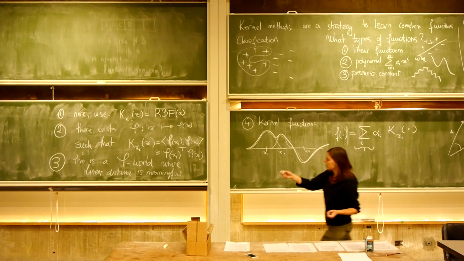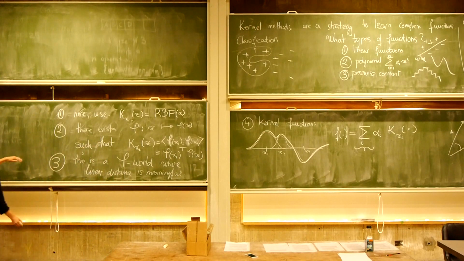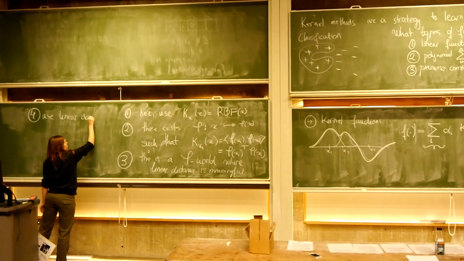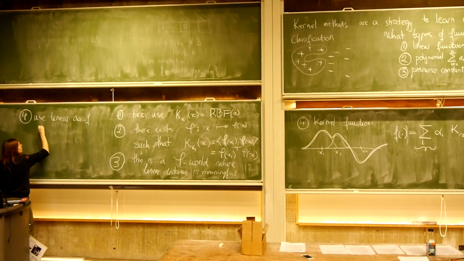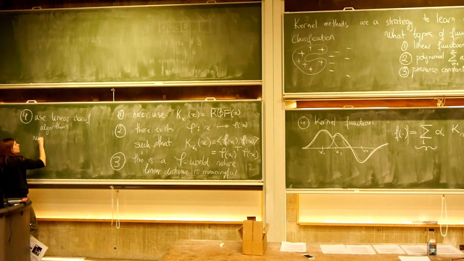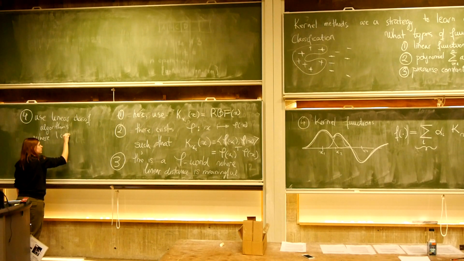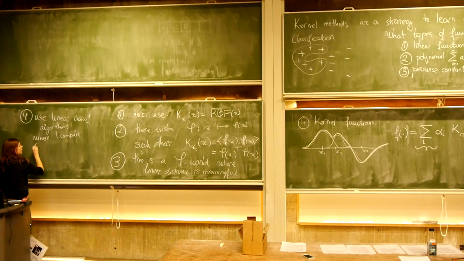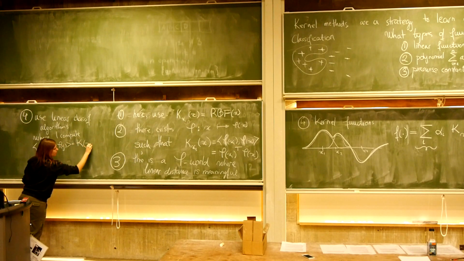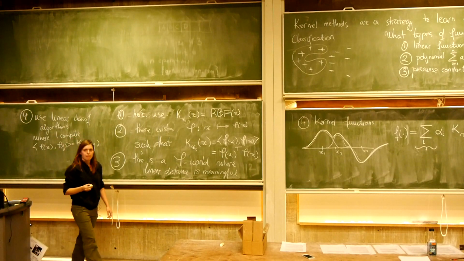So essentially, the fourth step here: if I have a phi world where linear distance is meaningful, just use linear classification algorithms, where I compute the distance between two points through the nice formula that my boss gave me. And that's it.